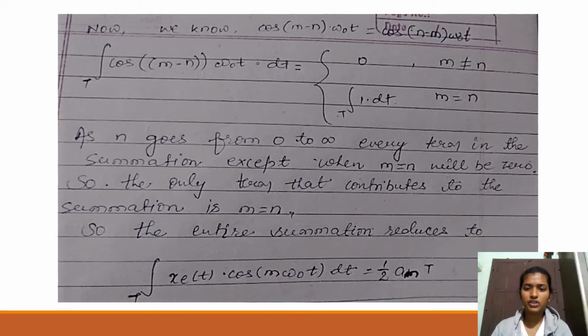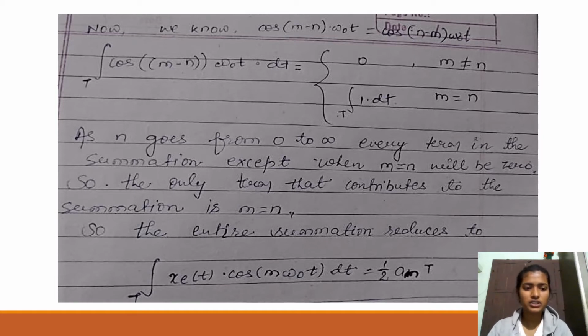Then we get the integration of 1 into dt over one time period capital T, which gives us capital T. After putting it back into the integration form, we get the integral of x(t) cos(m omega naught t) dt is equal to half of a_m into capital T.